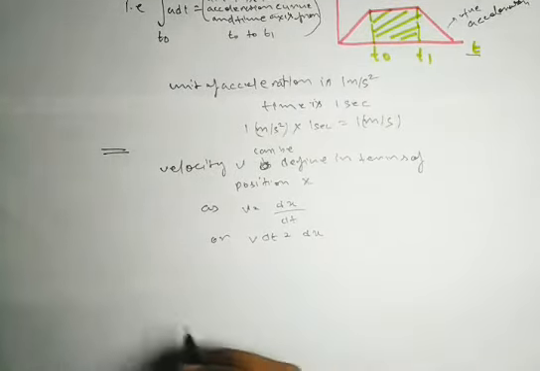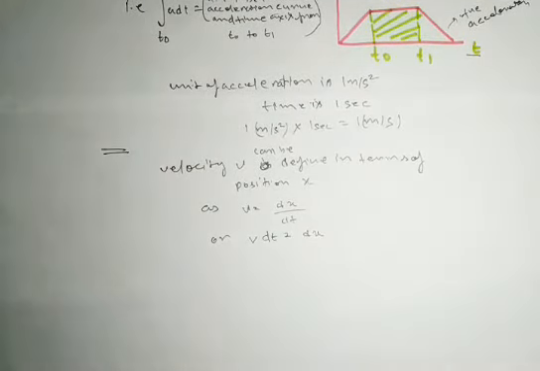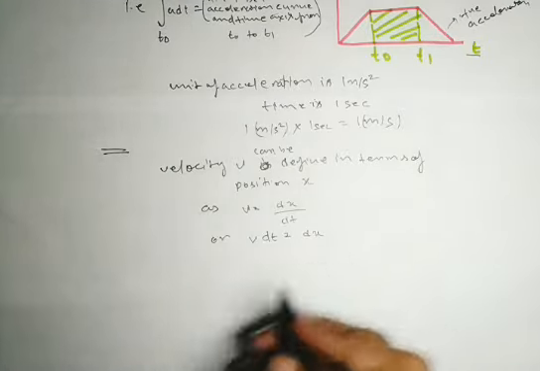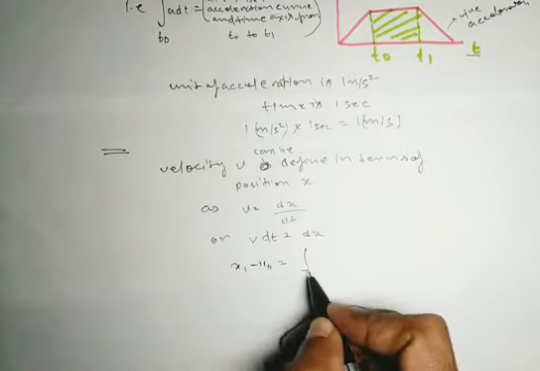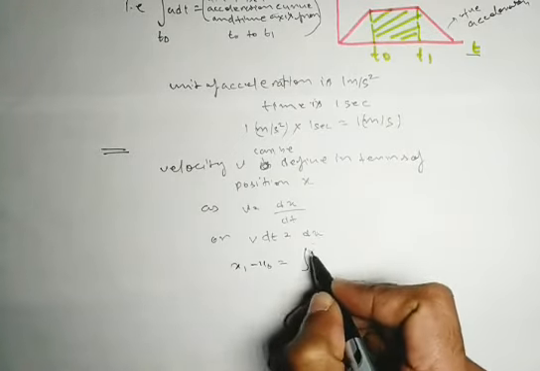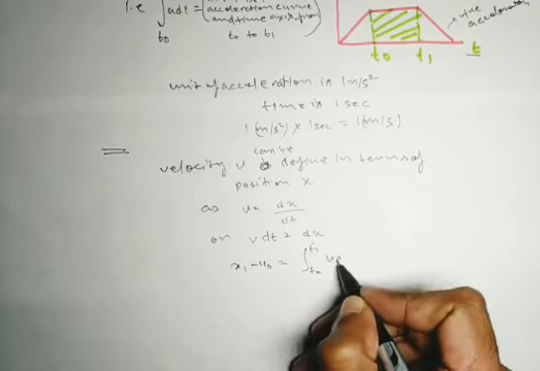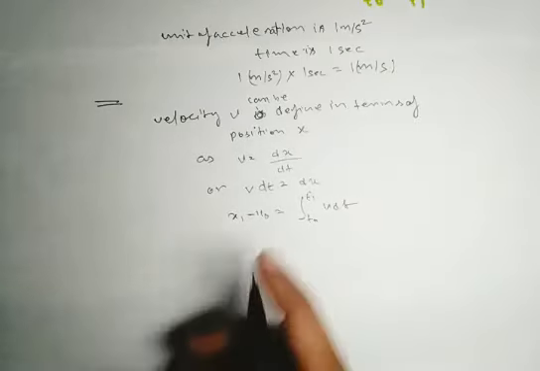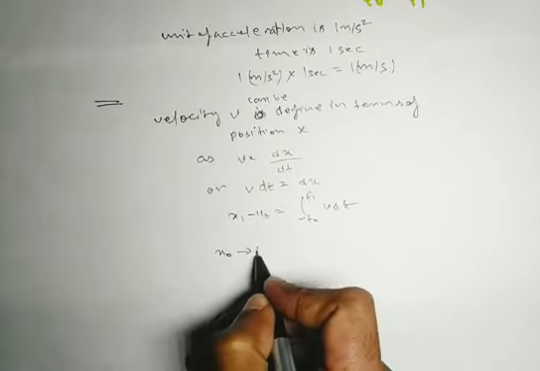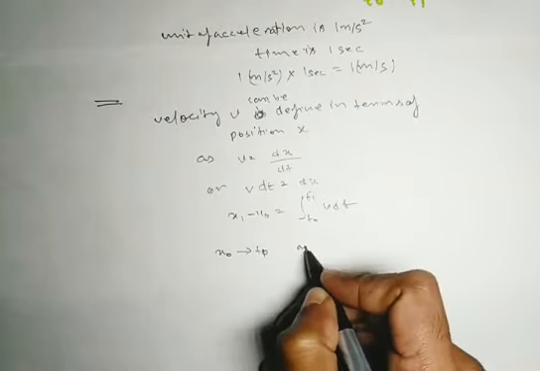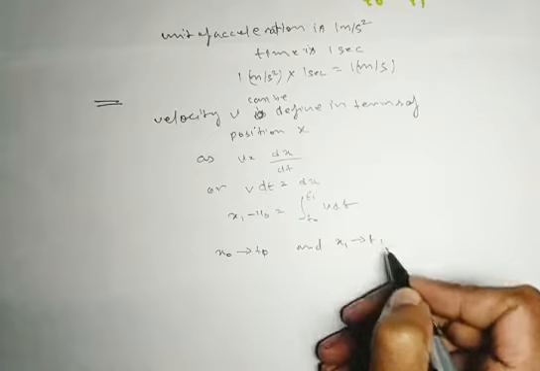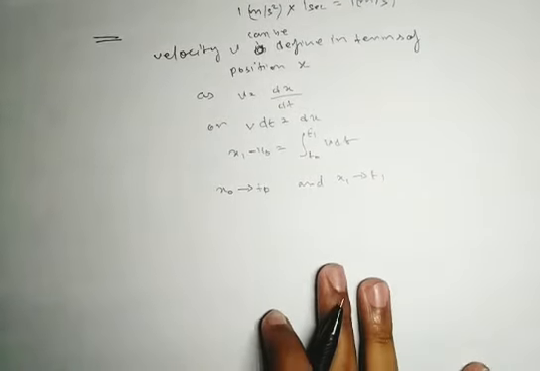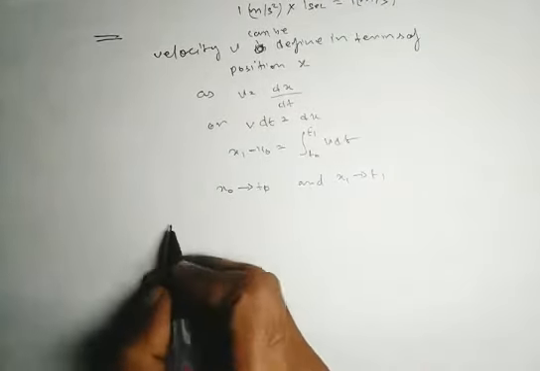So the integral form of this equation will be x1 minus x0 equal to the integral from t0 to t1 of v dt, where x0 corresponds to t0 and x1 corresponds to t1.